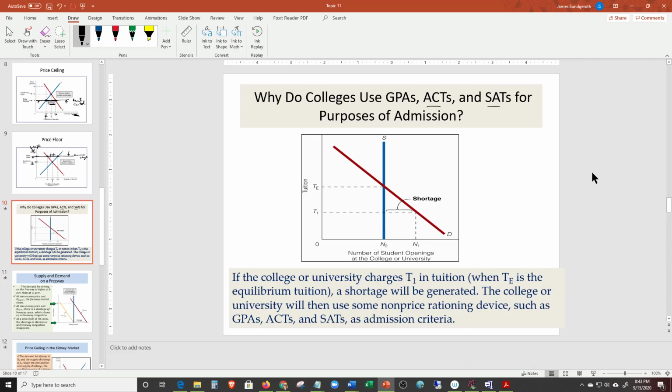If you're a member of a historically underrepresented group, you can get in also. But still, even they have to make fairly high ACTs and SATs. So that's how they deal with the shortage there. I suppose I could just bid them up to the equilibrium price.